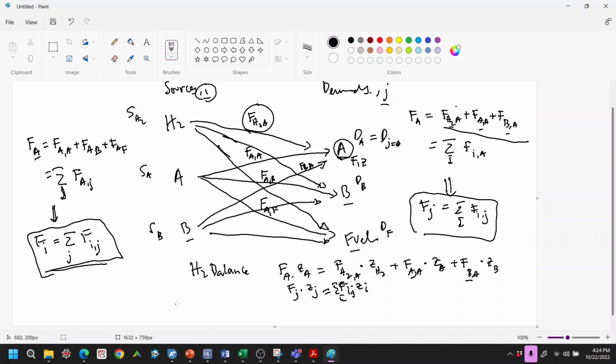So the total flow of hydrogen equals FH2A plus FH2B plus FH2 fuel. This is then equal to sigma F hydrogen to J, the summation over J. So we want to minimize this hydrogen consumption, right?